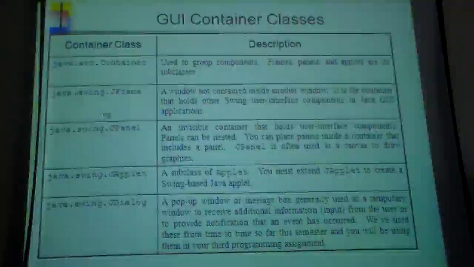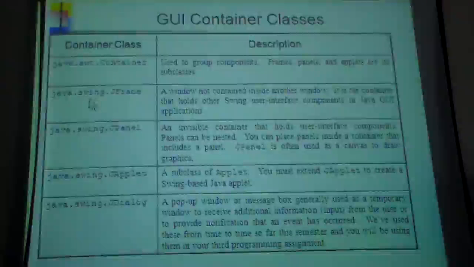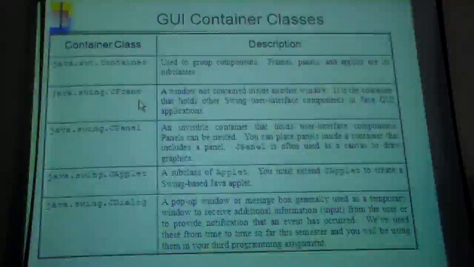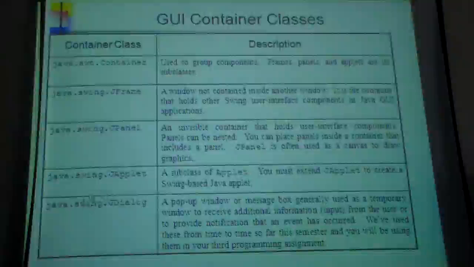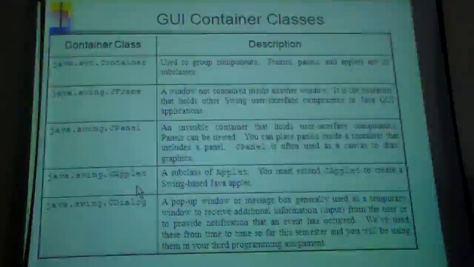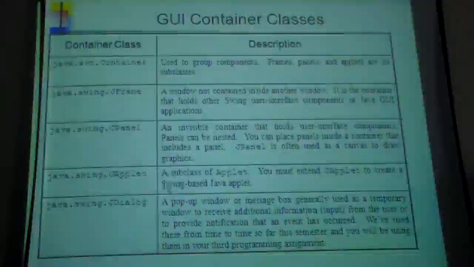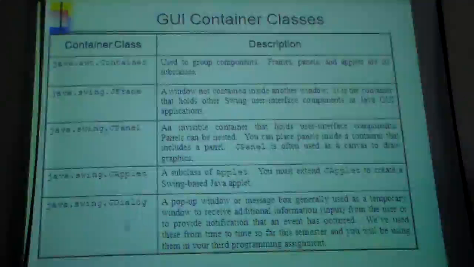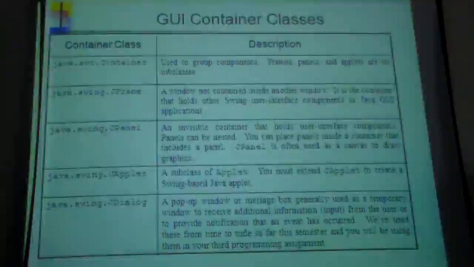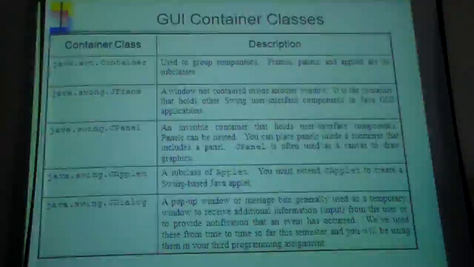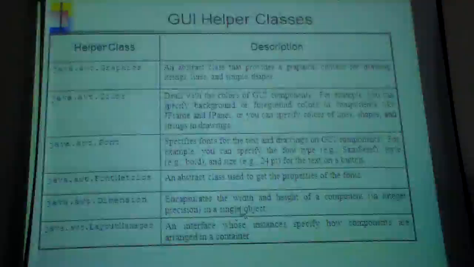In Swing we also get containers like JFrame. JBanner is also a container, and JApplet is also an applet we can use on the internet. JDialog is also a container, and we saw it in the previous figure. This table shows the description for every item.